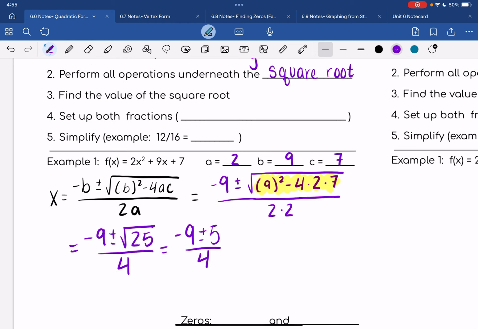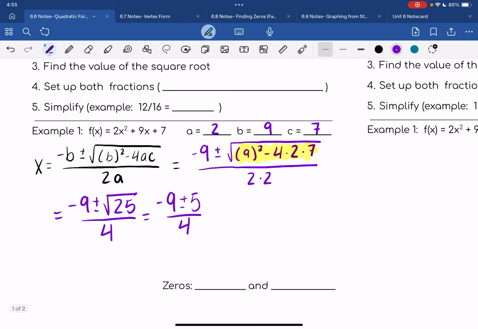Step 4 is to set up both fractions. What we mean by both fractions is this is now where we are going to use the plus or minus. So we are going to set up 2 fractions. One is going to be plus, and one is going to be minus.